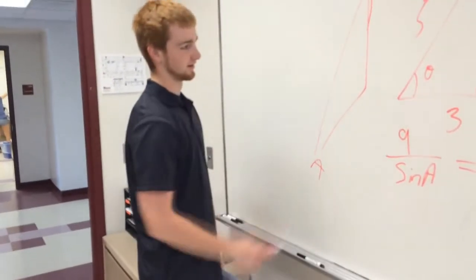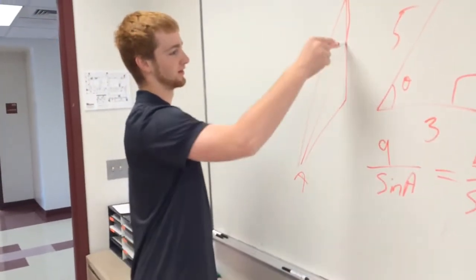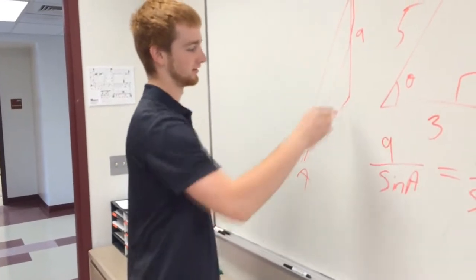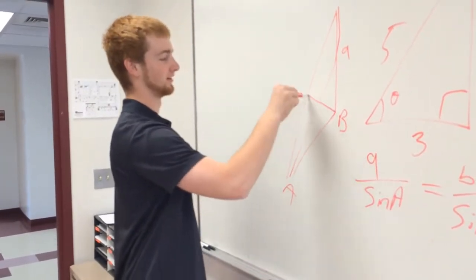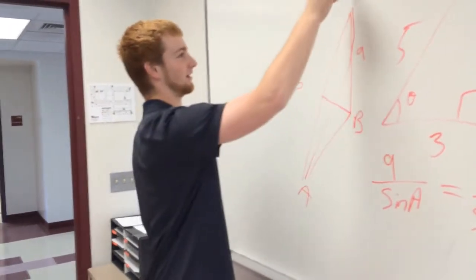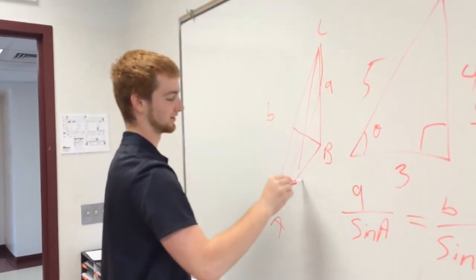How do you determine which one is A and which side is A? That's a great question, Margery. If you have angle A here, the side length over here is going to be little a. So it's the one across from it? Yes, it is across from it. Always. So this is B, little b. And this is C, so this would be little c.